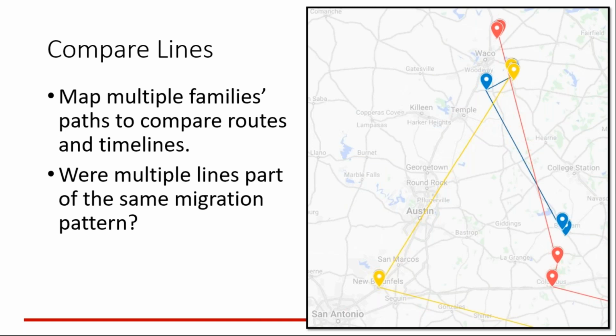And so it's interesting to see if multiple family lines followed similar migration routes, or maybe they all came from very different origins to eventually end up in the same place. And it's an interesting way to look at your research in a new light.